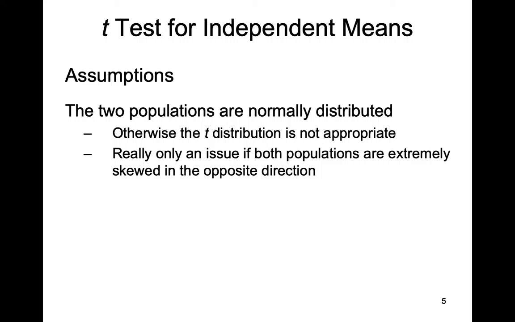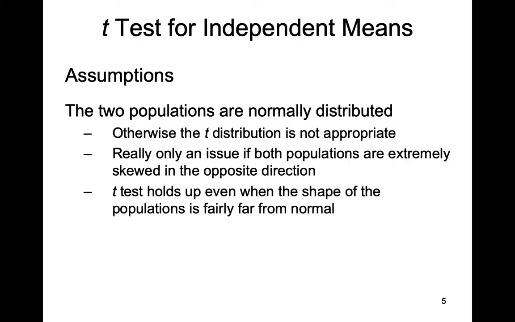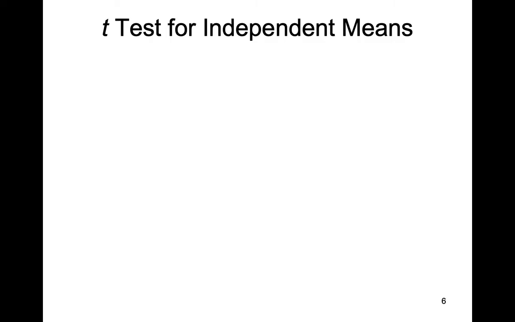So maybe most men don't do very good, and so there's a very strong positive skew. And women would have a population of exam scores that is very negatively skewed. So it's only when they're very strongly skewed in opposite directions that this assumption is violated. So the short of it is, this assumption is hardly ever violated in practice. Okay, so the t-test holds up even when the shape of the populations is fairly far from normal.